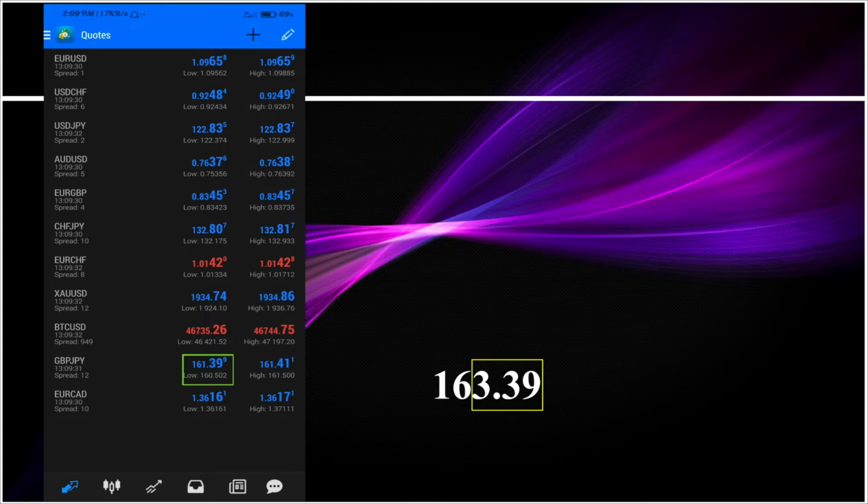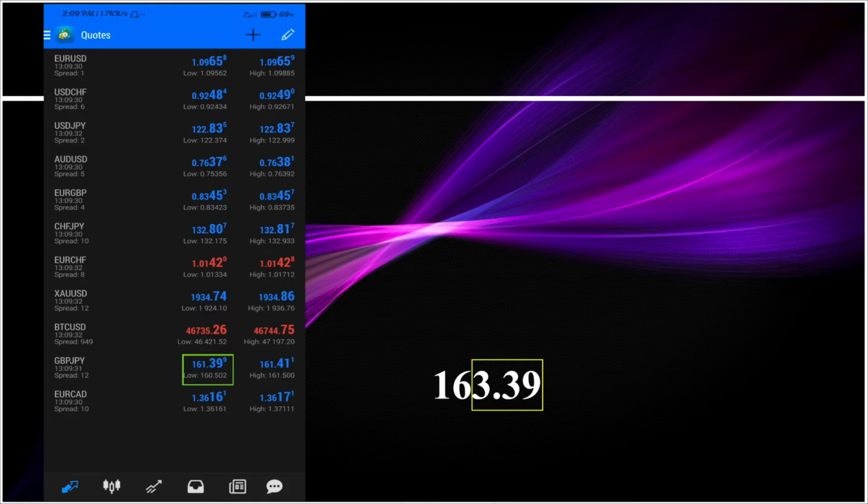I think we did hundreds, tens and units in our preliminary education, so you should be able to understand this concept. So 9 is the unit, 3 is the tens, and this other 3 before the decimal point is the hundredth. If you keep going up to maybe 1,000 pips, then this 6 will be affected. That's the 1,000, and then 1 here is 10,000. With that concept, you'll be able to understand pip calculation, whether currency pairs that have JPY or normal currency pairs. So that is it for pip calculation.